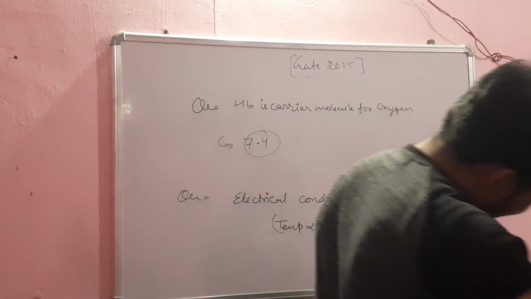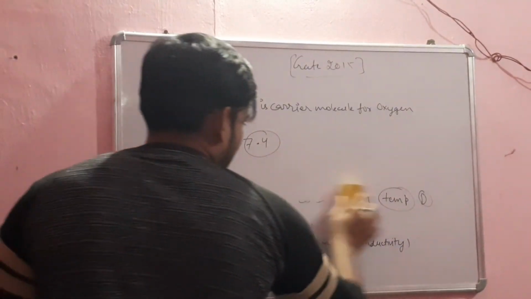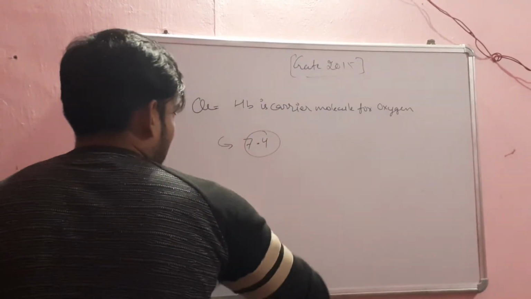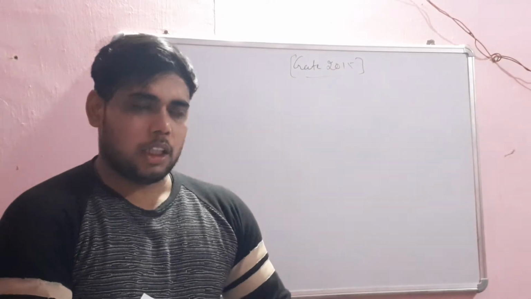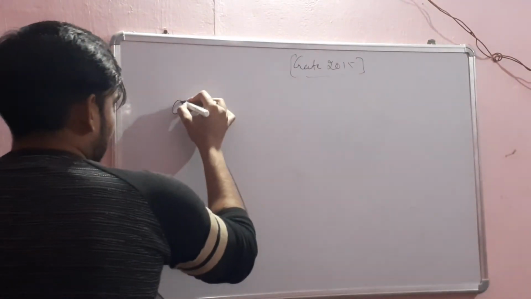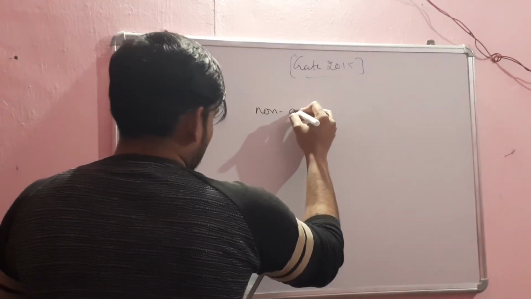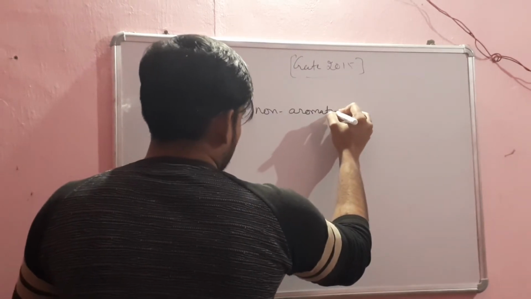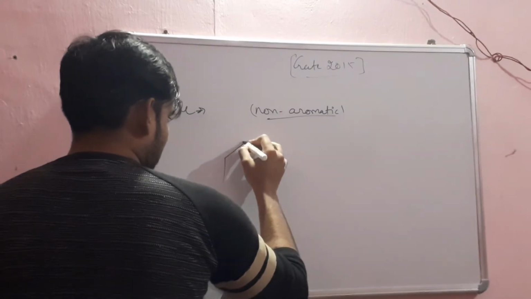The fourth one is, among the following, which one is non-aromatic? It is not being asked whether it is anti-aromatic or aromatic. You have been asked for the non-aromatic one. So you can do this question easily, but you have to choose non-aromatic. Okay, so the first is this one.